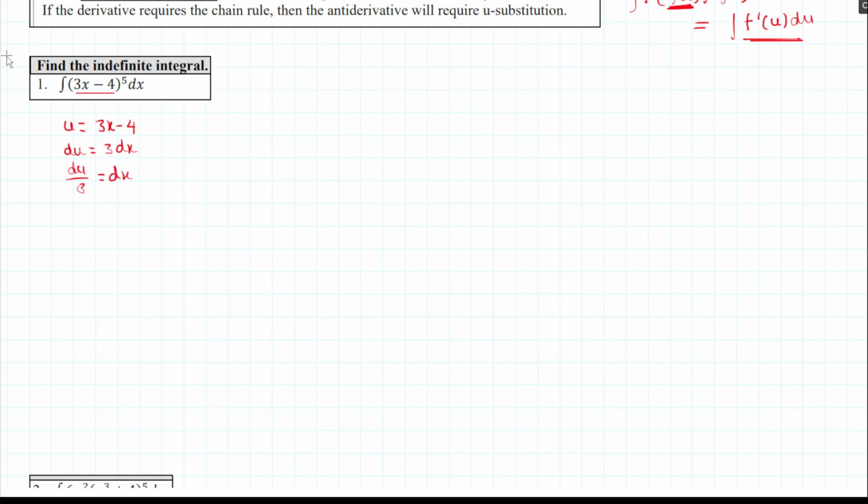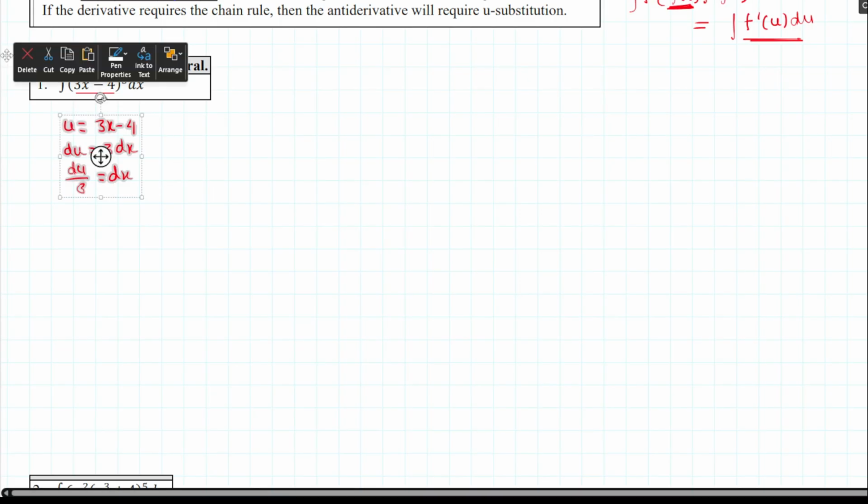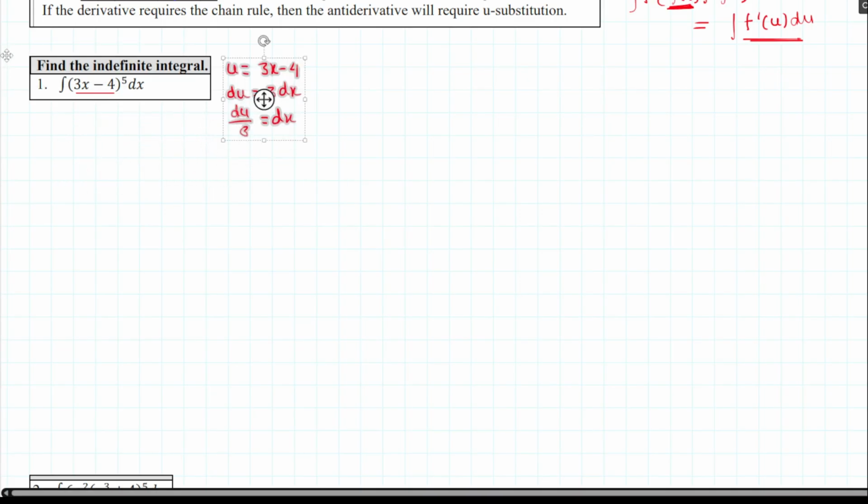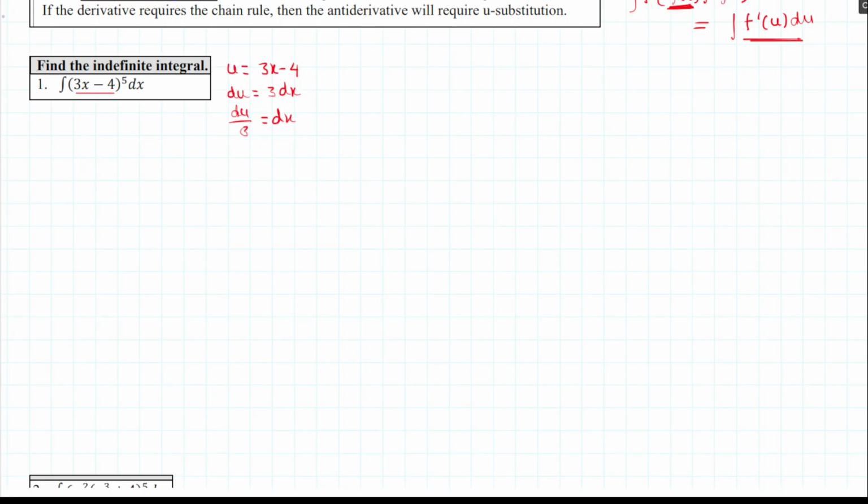Now let's set that aside. This integral, the integral of (3x minus 4) to the power 5 dx, becomes the integral of u to the power 5 times du over 3.